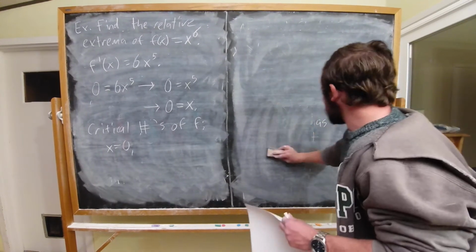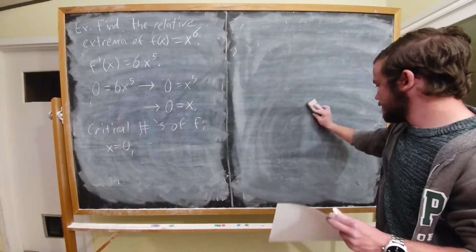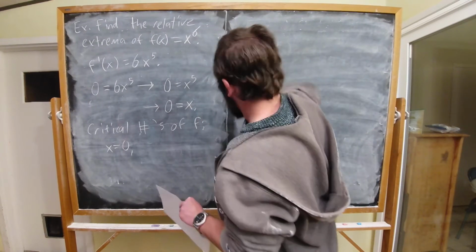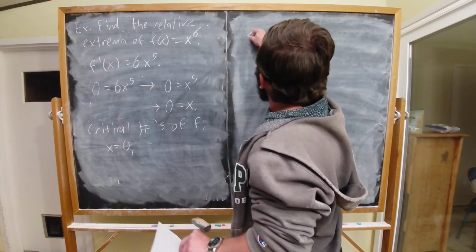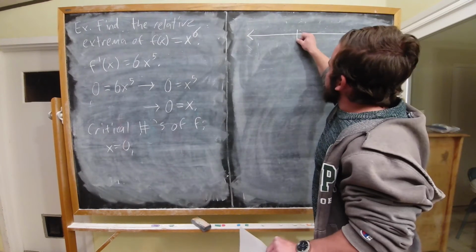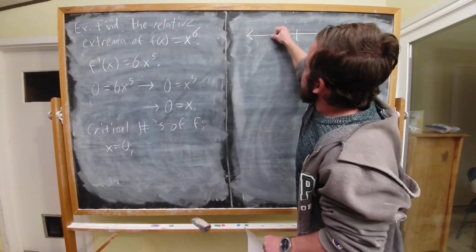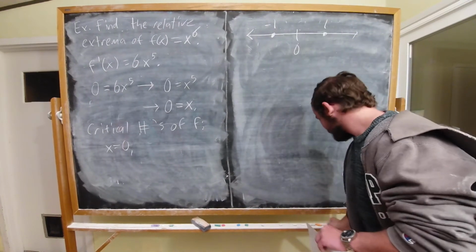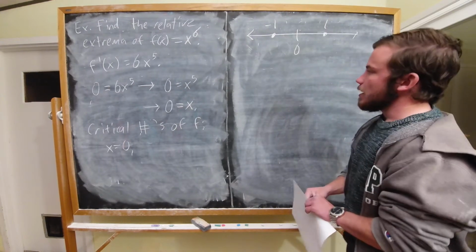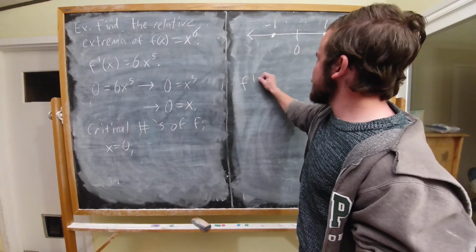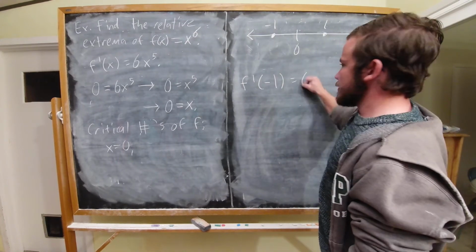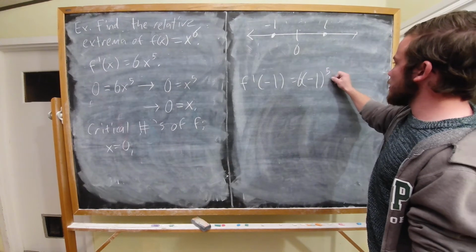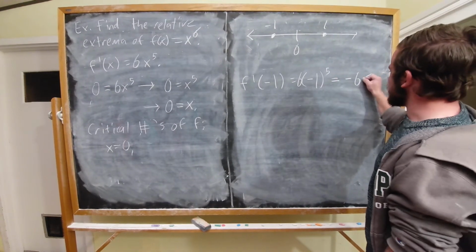We're going to, again, just split up the number line. In this case, we're splitting it at 0. Maybe for my test points, I'll use -1 and +1. We'll see here that f prime of -1 is 6 times -1 to the fifth power. That'll be -6, which is less than 0.